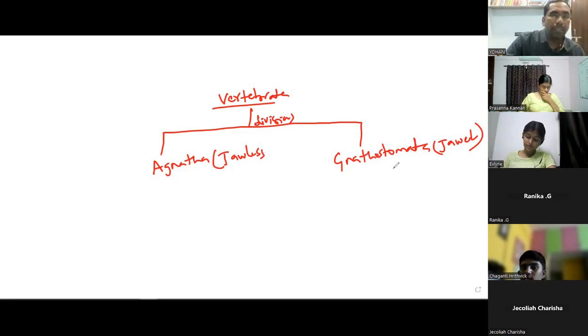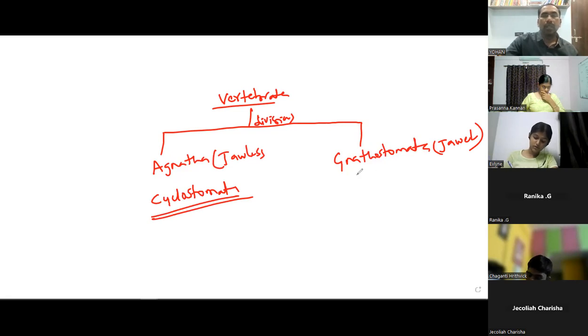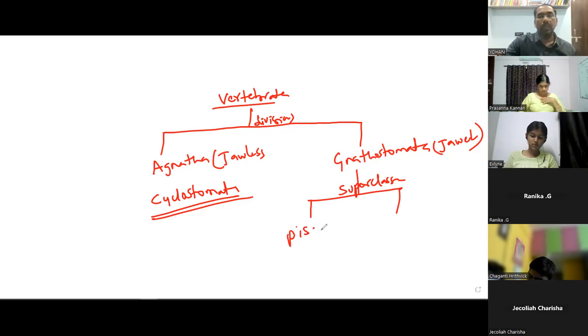In Agnatha, there is a single class called Cyclostomata. In Gnathostomata, we have two superclasses: Pisces and Tetrapoda. Look at the textbook.